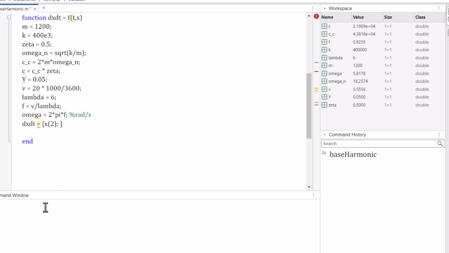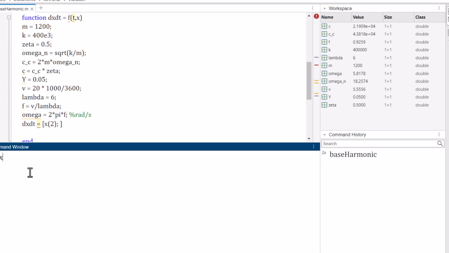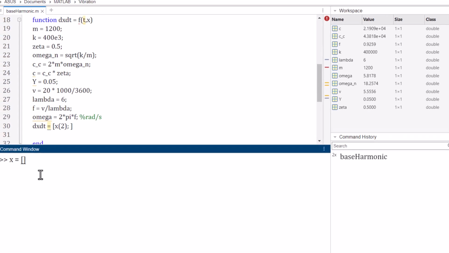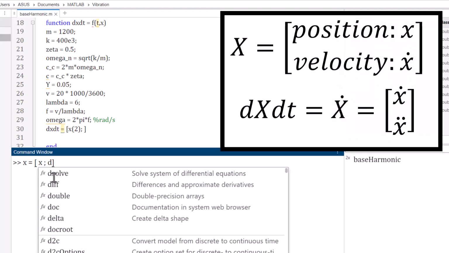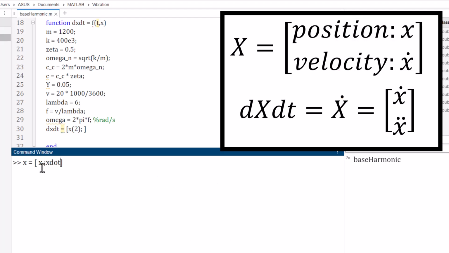So okay, let me explain it a little. So what is x? It is a vector consisting of x and x dot, and when we differentiate it with respect to time, then dx dt is going to be x dot and x double dot.